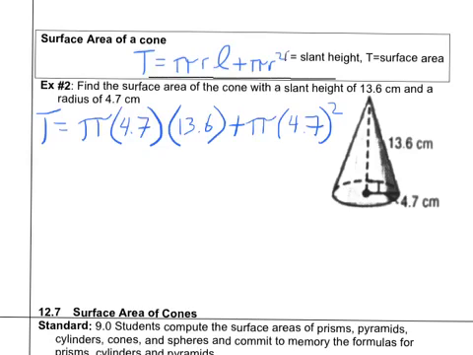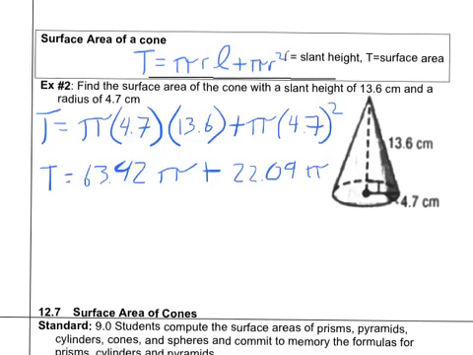Then I could plug all that into my calculator, or I could do this one step at a time. I could do 13.6 times 4.7, and that's 63.92 pi. And 4.7 squared is 22.09, and then we'd have a pi.